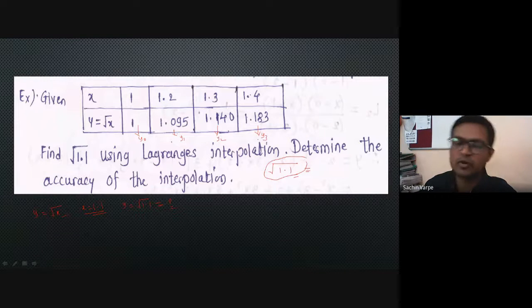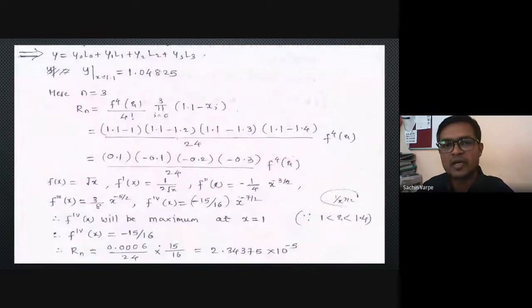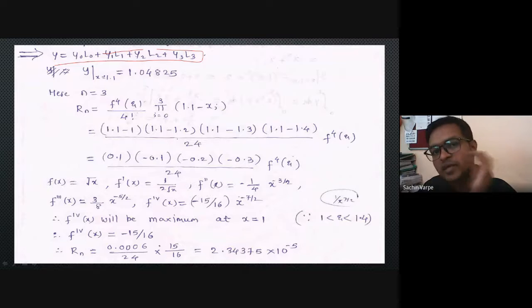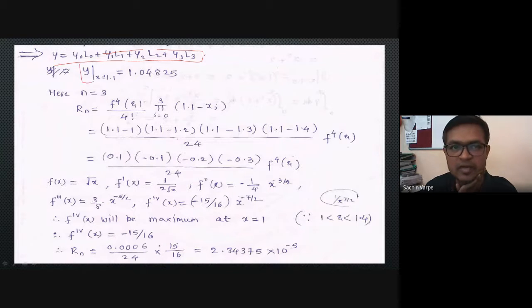So for these points, this will be the Lagrange interpolating polynomial: y is equal to y0 L0 plus y1 L1 plus y2 L2 plus y3 L3. Okay, so we need to find these L0, L1, L2, L3. This is with the help of a calculator.